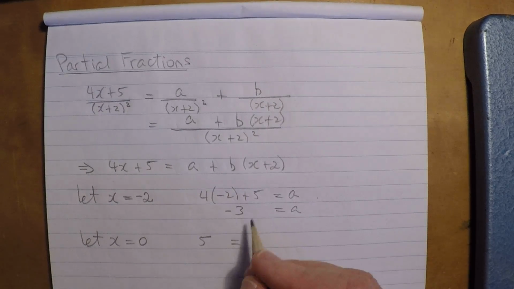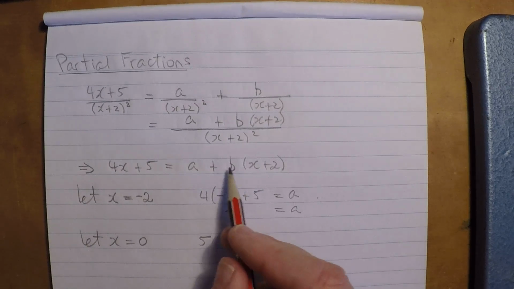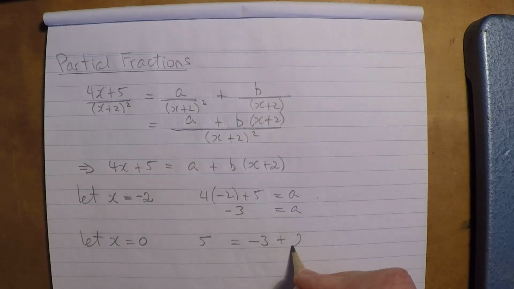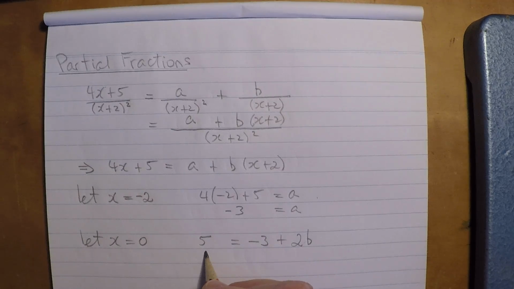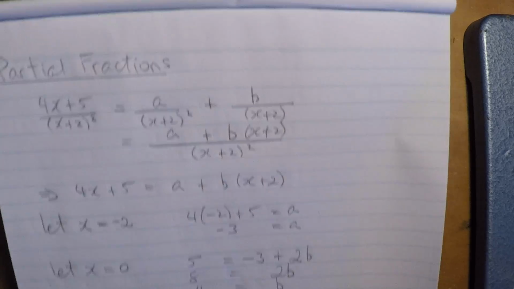Over here we already know a is negative 3, so we'll reuse that, plus b. Now 0 plus 2 is 2, so that's plus 2b. Solving, we'll have 8 equals 2b. It looks like b equals 4 in this case.